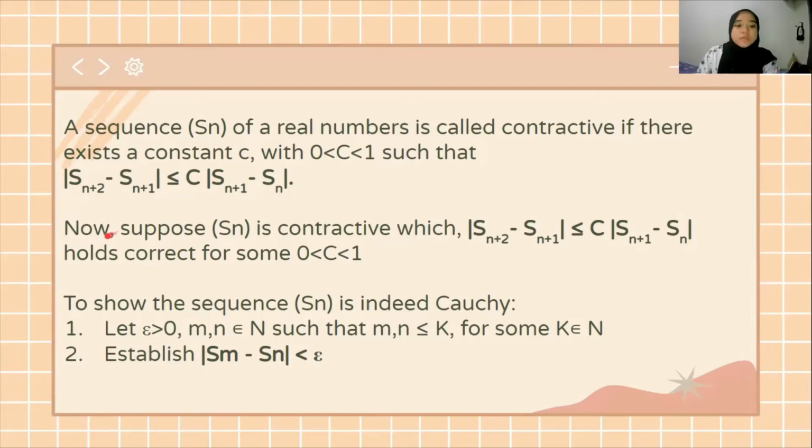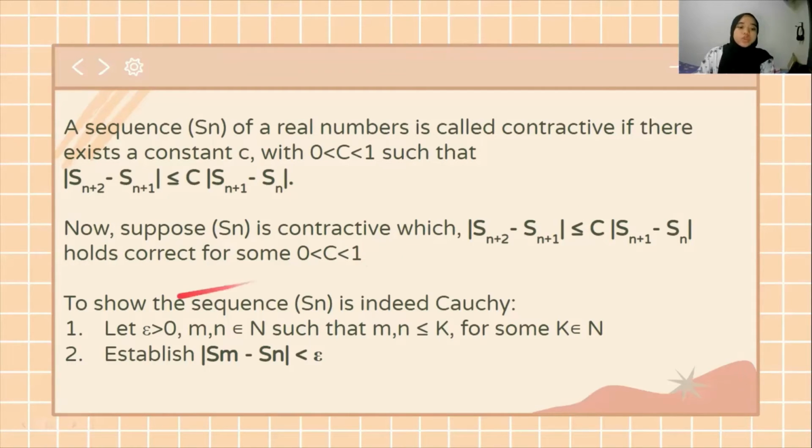So now suppose the sequence is contractive, where the equation contains a constant that has a value between 0 and 1. So we assume that the sequence is contractive.